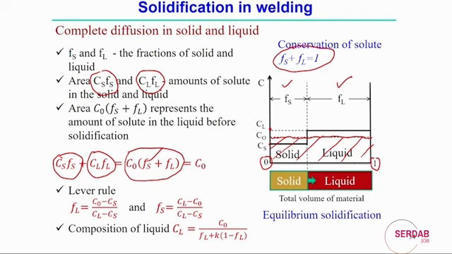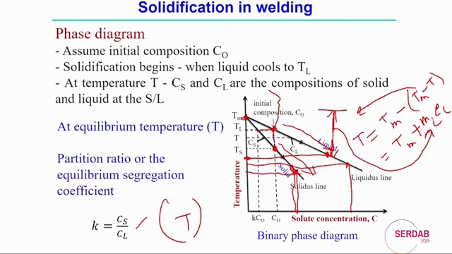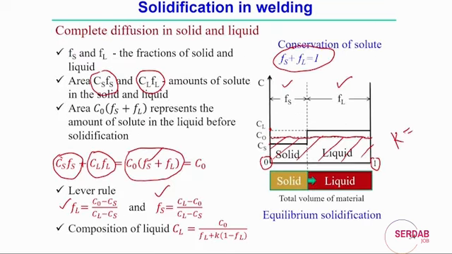From this equation we can easily find the liquid fraction and the solid fraction by applying the lever rule. Of course, the composition of the liquid, Cl by C0, can also be represented in terms of K, because K represents the ratio of Cs by Cl, the solid content and the liquid content.